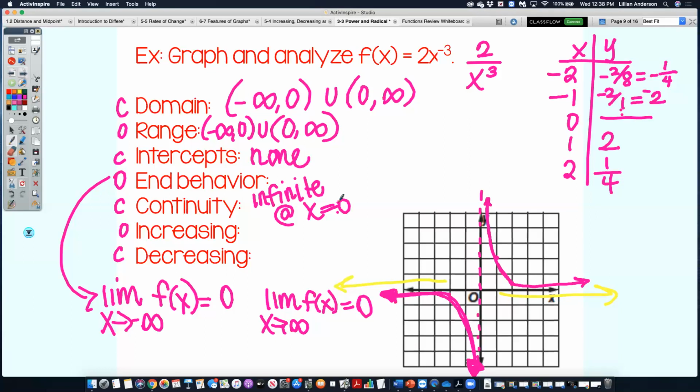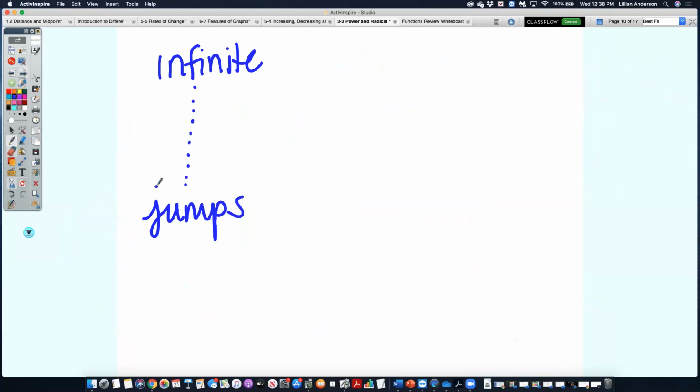There are 3 types that we talked about in lesson 3-1. They were infinite, which were our vertical asymptotes, like what we've been dealing with. They were jumps, and those usually occur with what types of functions? Piecewise functions. That's when it would be defined on one value, but then it wouldn't be defined somewhere else.